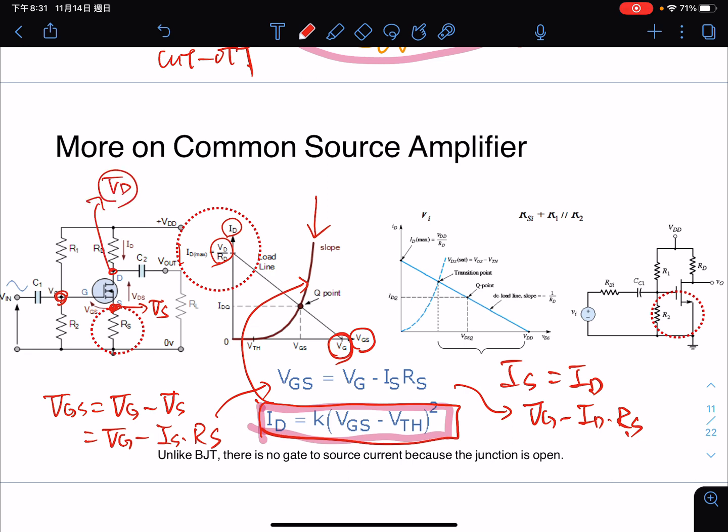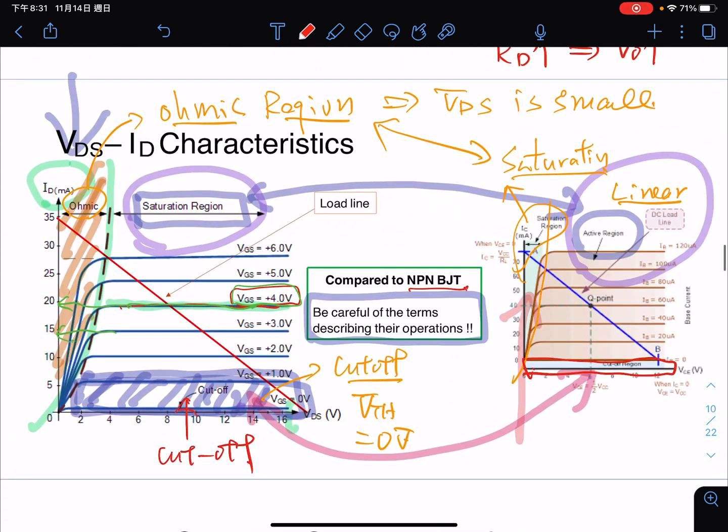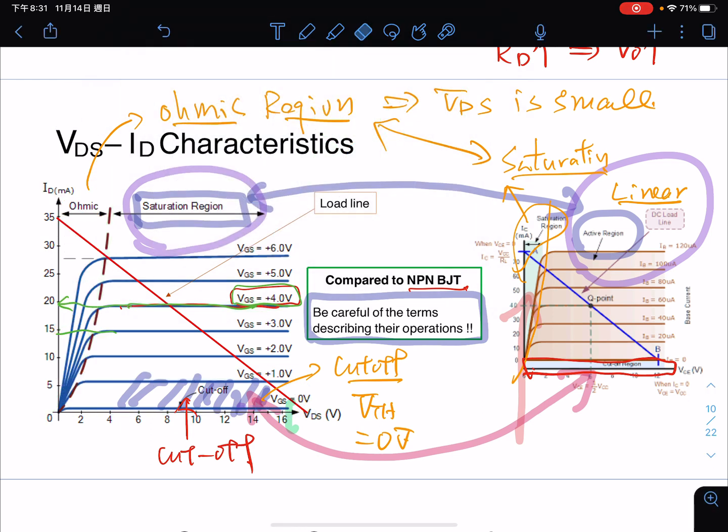But as we know, if the MOSFET goes into the ohmic region, we can regard that the VDS will be close to 0.